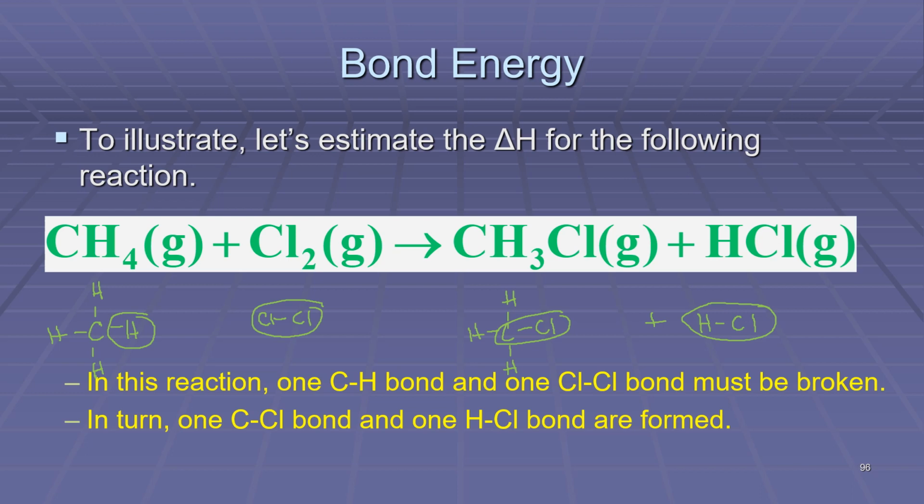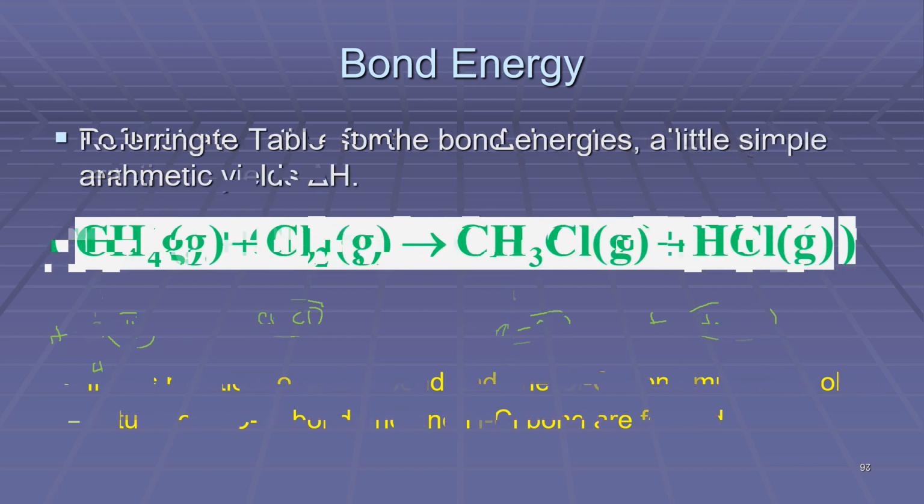Then the ones that didn't actually break cancel each other out, because to break them costs a certain amount, and to reform them you get the same amount out. It may be a little bit more work, but if you're confused, just break every single bond and form every single bond. So we could break 4 CH bonds and then form 3 CH bonds and a CCl, but I think this one's pretty clear what we're breaking and what we're forming. So now we just look up those numbers.